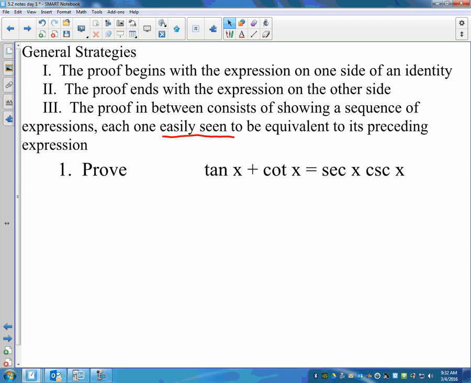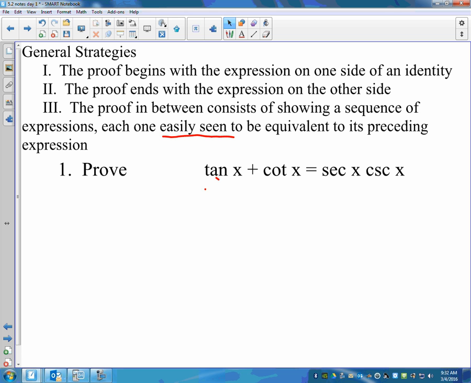Anybody have a suggestion? Write it in terms of sine and cosine sounds like a great choice, because secant and cosecant can also be written in sine and cosine. So over here, I'm not going to number my steps like in a proof from geometry, but I'm going to write them sequentially, which means each line should be a step in your proof, right?